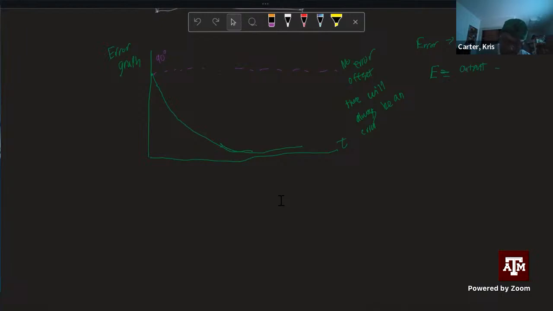Wait, no, it's the reference minus the output. To make it a little cleaner, for this one, it'll be R minus theta.